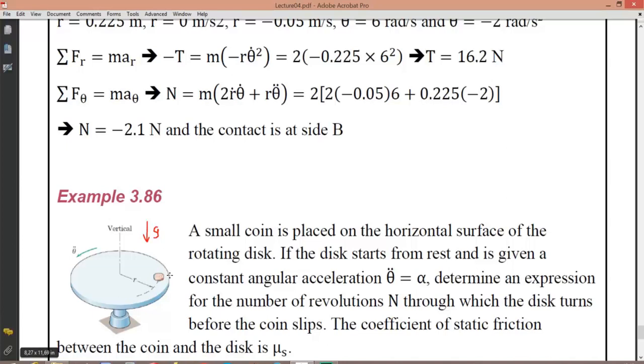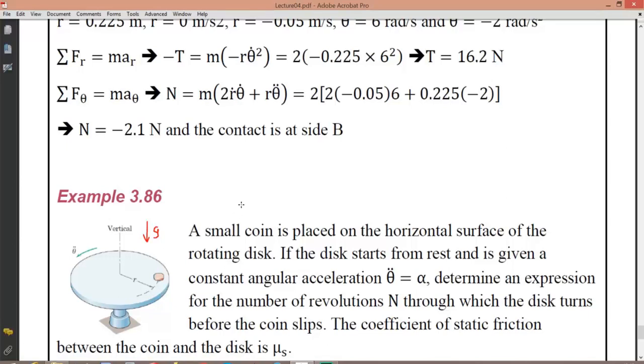The component values will change throughout the motion, because at the initial case there is only alpha present, but the velocity is equal to 0. So you can suggest that the acceleration in the normal direction is equal to 0 at that instant. In the tangential direction, it's not equal to 0.